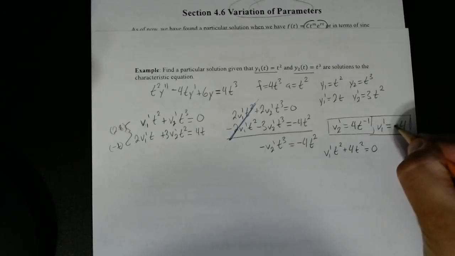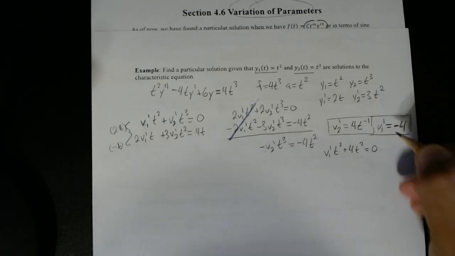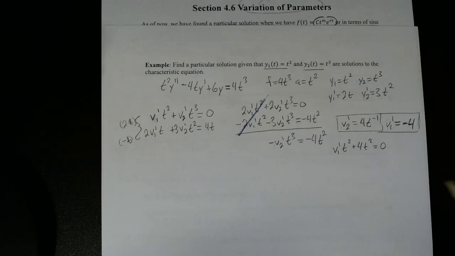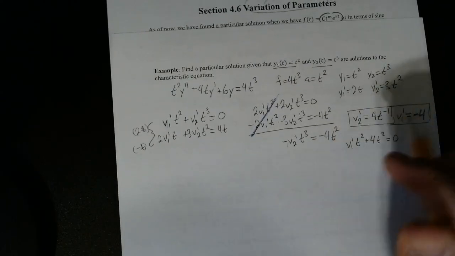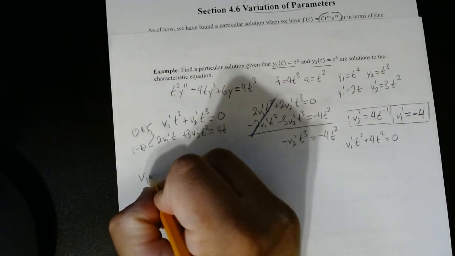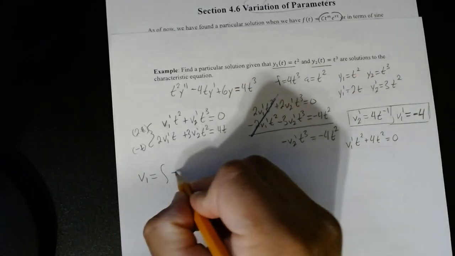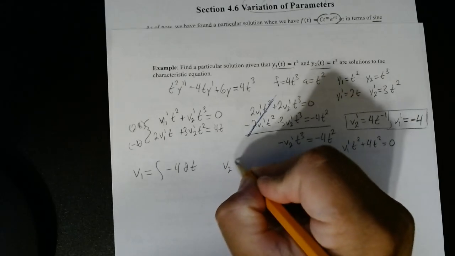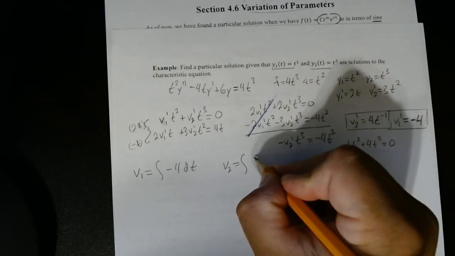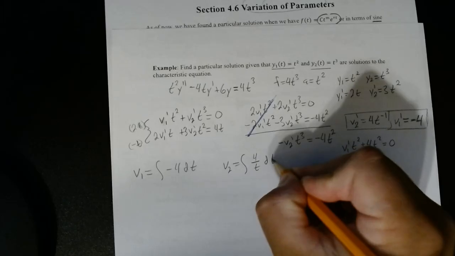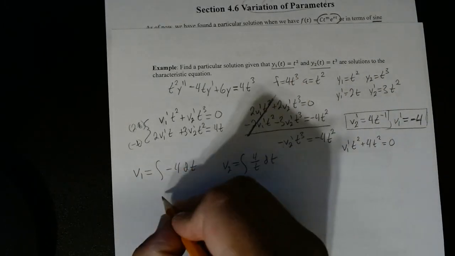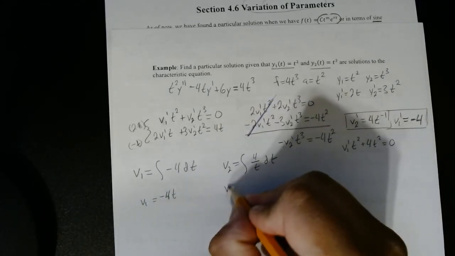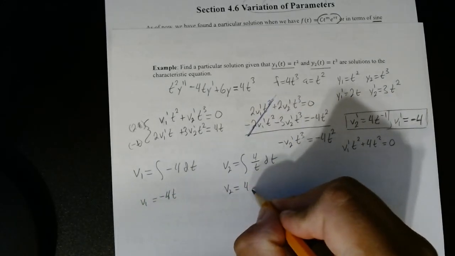And there's our system. Okay. So once we have that done, now we just go straight to the integrals. So v1 is going to be equal to the integral of -4, which is really nice because it's just a constant function. And same thing over here. So this ends up being -4t, and this ends up being 4 ln of t.